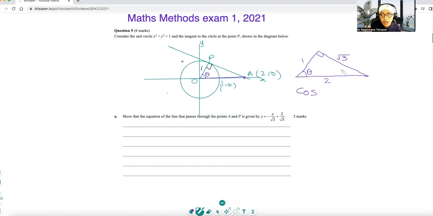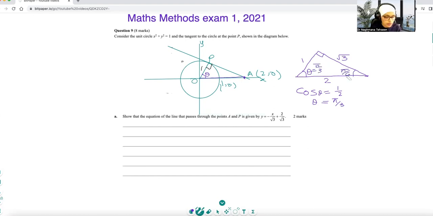But if you didn't recognize that, you can still use cos theta equals 1/2, and that will give you theta equals pi on 3. So this angle theta is pi on 3, and the other one is pi on 6.